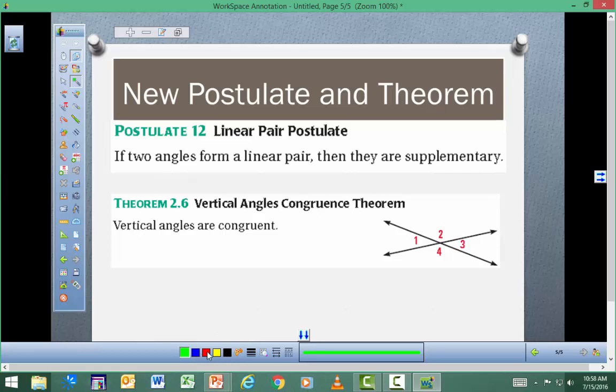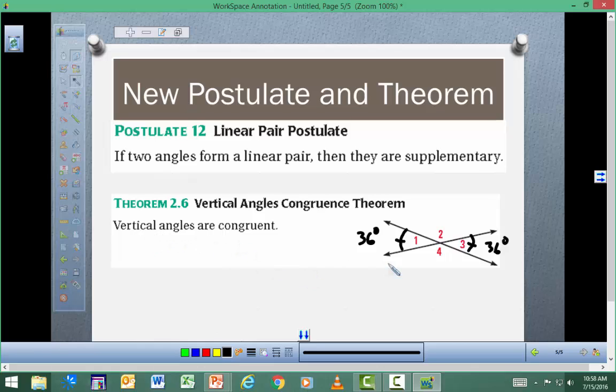What does it mean if vertical angles are congruent? Angles 1 and 3 are vertical angles, so those two are congruent. It also means that the measures of their angles will be equal. So in other words, if this one's 36 degrees, then this one has to be 36 degrees.